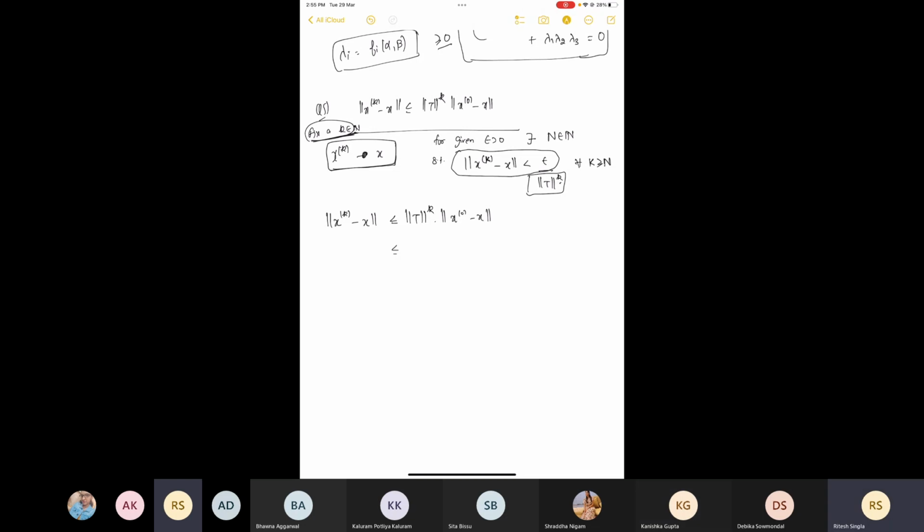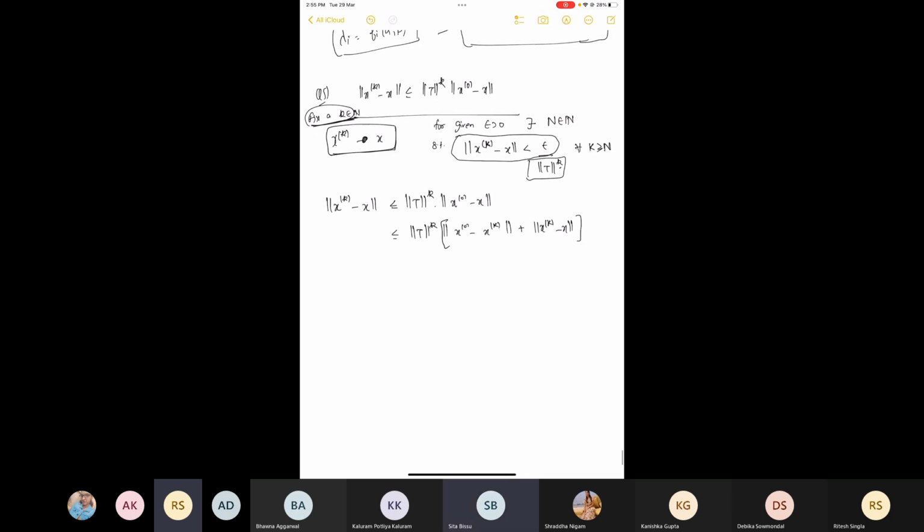So you can write it like this: norm of Tk x0 minus x to the power K, plus norm of x to the power K minus x, which is less than or equal to epsilon times norm epsilon plus norm of Tk times norm of x naught minus xk, isn't it?